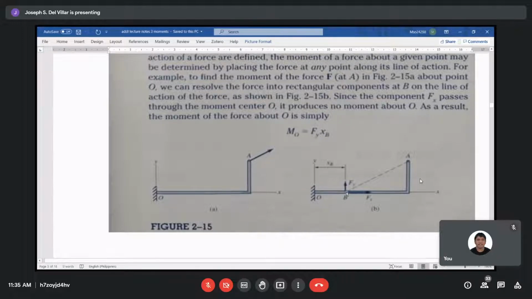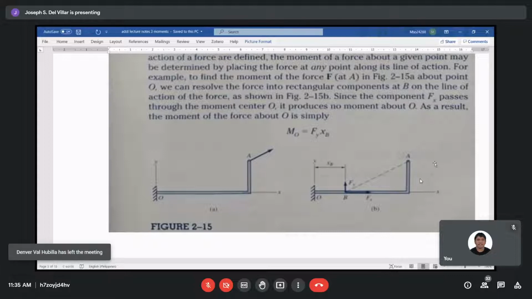Now, sa dalawang component, alin yung dumaan sa pivot? If you are going to extend yung mga kani-kanilang line of action, sino sa dalawang component ang dumaan sa pivot O? Si Fy ba o si Fx?